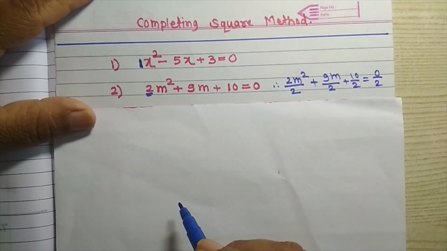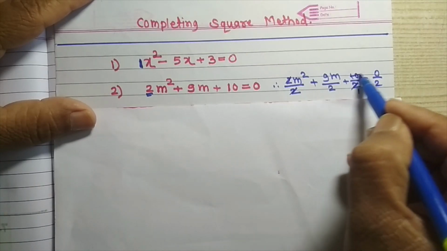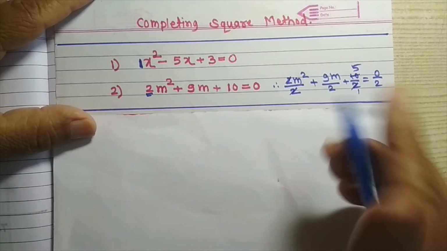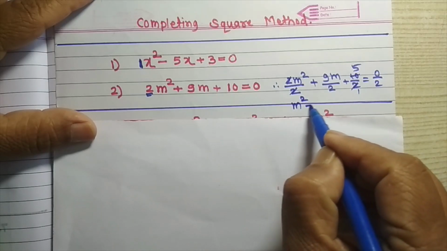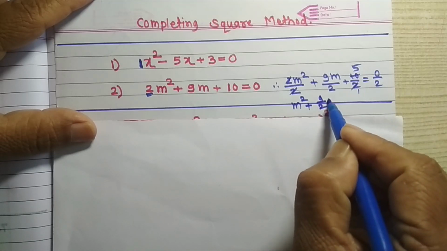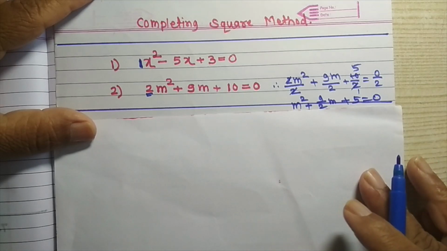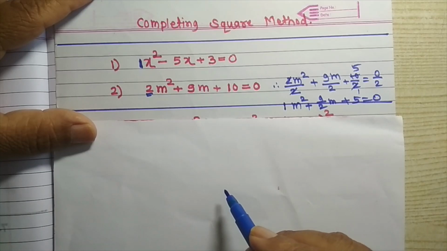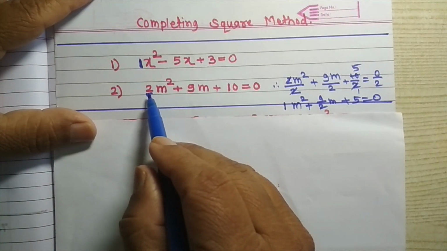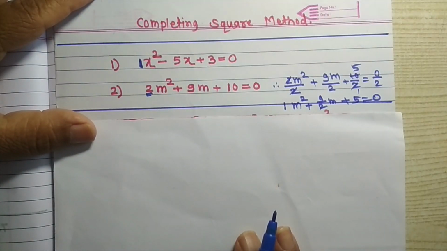Means we have to divide both sides of that equation by 2. Then this equation becomes m square plus 9 upon 2m plus 5 is equal to 0. Then in this case, coefficient of the square term is 1. These two types of examples we have to see today.